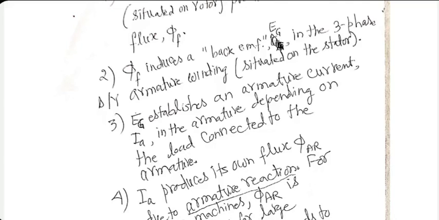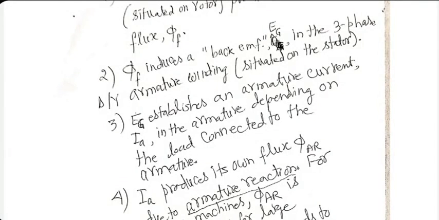So rotating flux cutting the stationary conductors on the stator produces a back EMF, which I am going to denote by EG. And let's assume a three-phase generator for now. Now, if you connect a load across the three, which are known as armature windings, armature is the part of the construction that produces the required electrical signal.